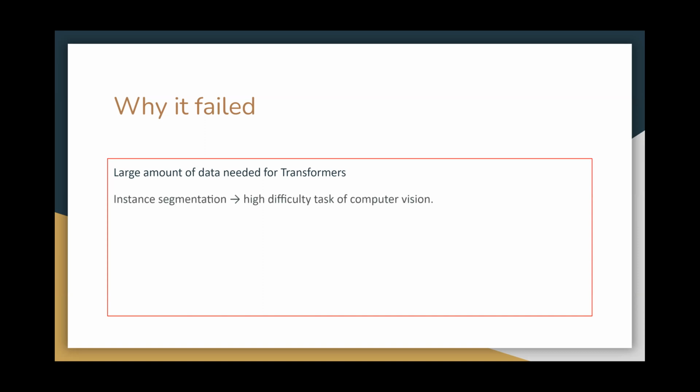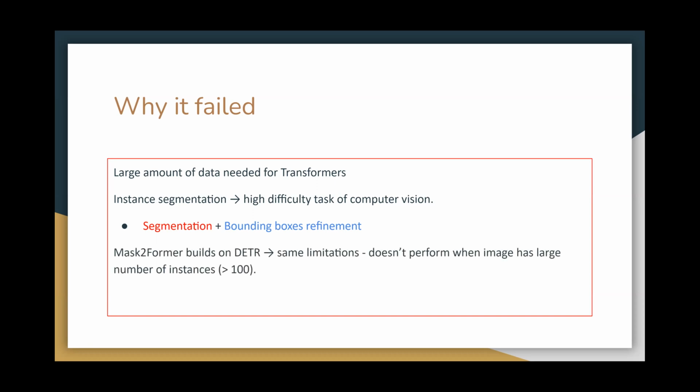The reason for that is mainly because instance segmentation is a very difficult task for computer vision, because we need bounding box refinements and segmentation. So that needs even more training data, and also the Mask Transformer is built on DETR, which uses deformable attention. So the high number of instances wasn't helping.